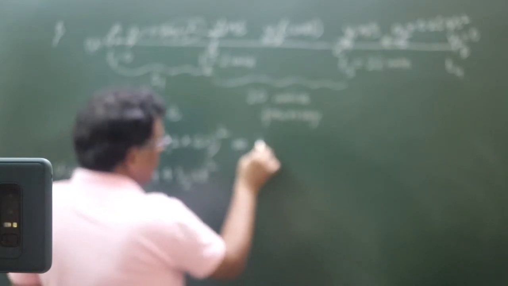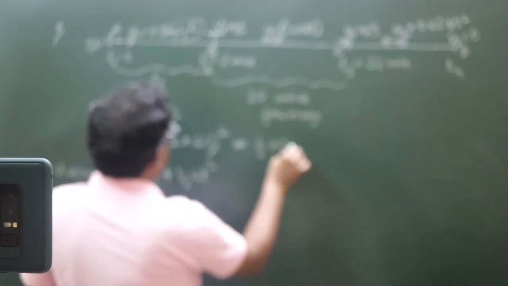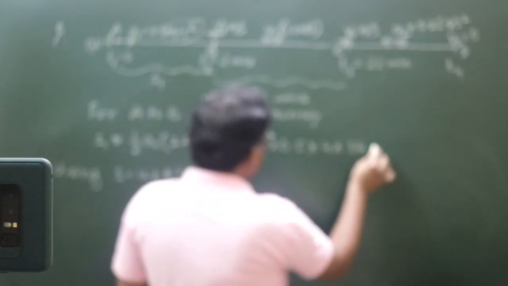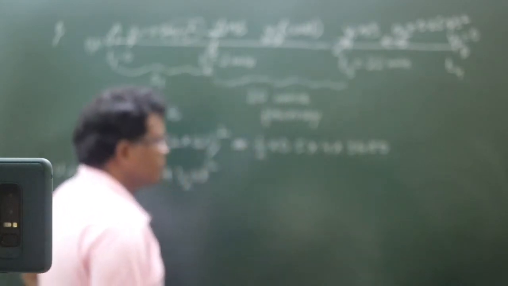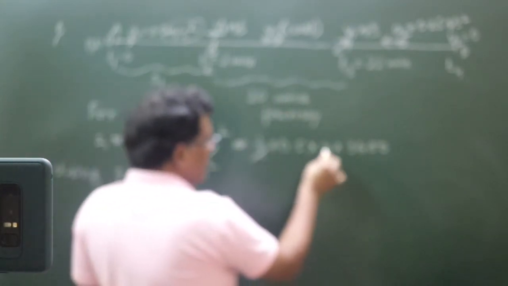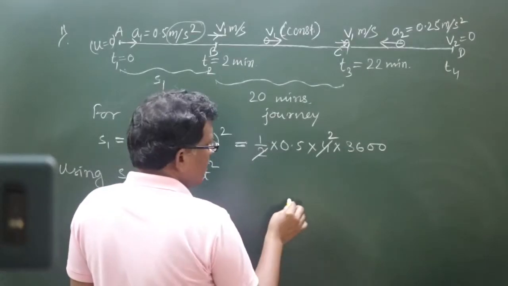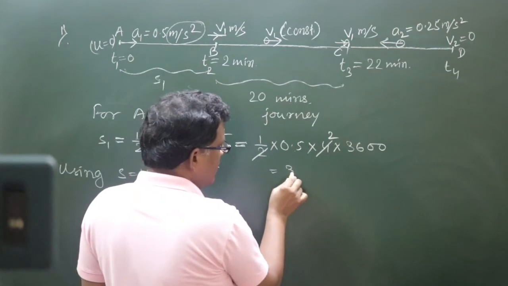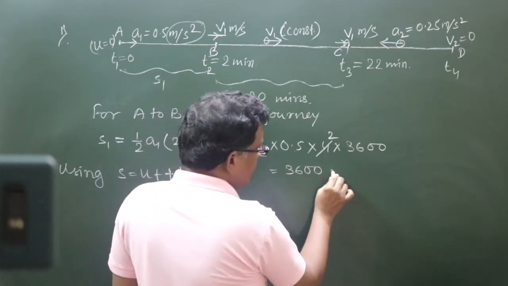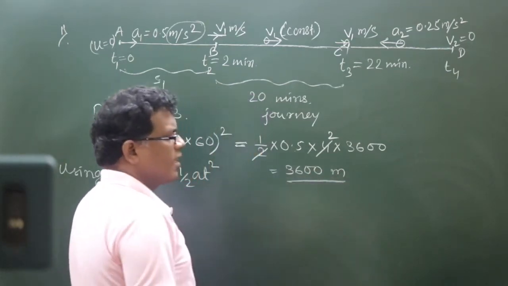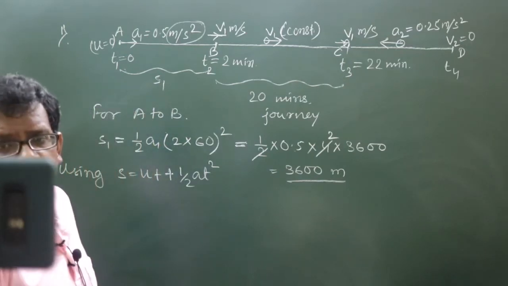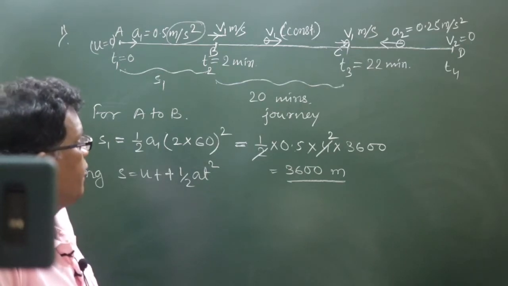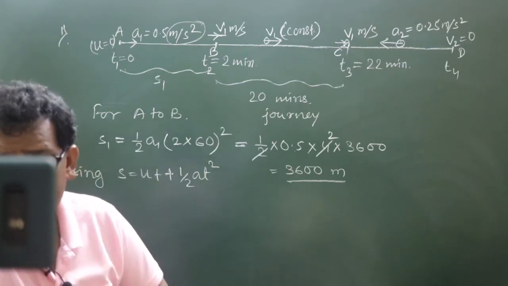Substituting the value of a1 as 0.5 into 4 into 3600, right? We can cancel this, and 0.5 into 2 is 1, so this is 3600 meter. This 3600 meter is the journey in the first 2 minutes when the train accelerates at the rate of 0.5 meter per second square.